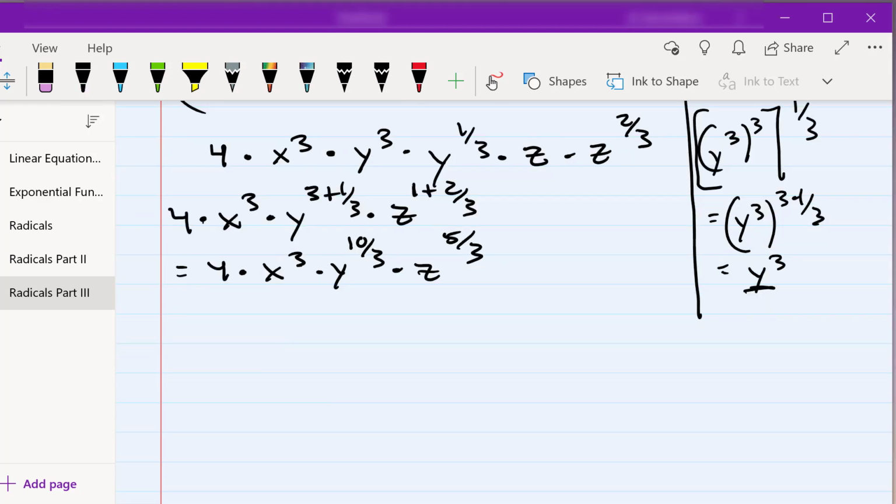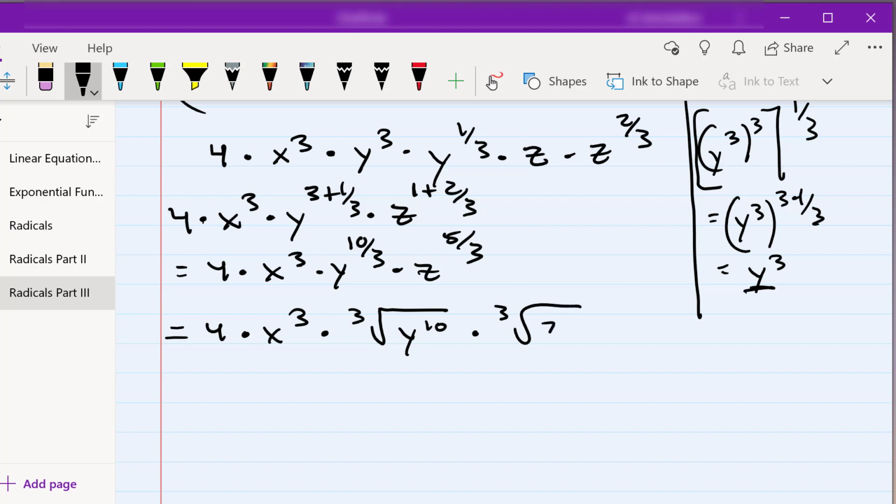This in radical notation, we have 4 times x cubed multiplied by the cubed root of y to the power of 10 multiplied by the cubed root of z raised to the 5th power.